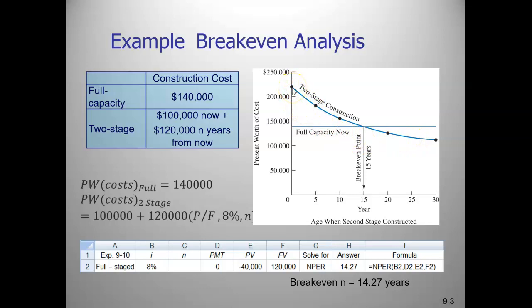The two-stage construction, if you do it immediately, costs $220,000. And the present value of this $120,000 is going to decline the further out into the future. So the question is, at what point does it cross this $140,000 line? That's when the present worth of the full stage construction equals the present worth of the two-stage construction.